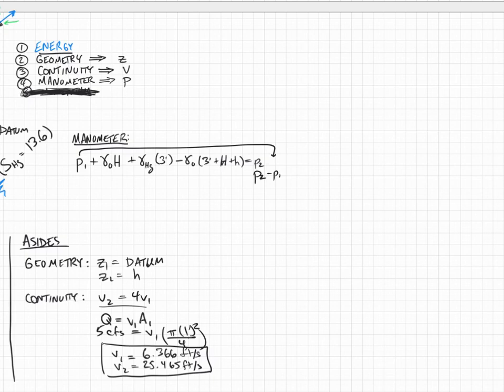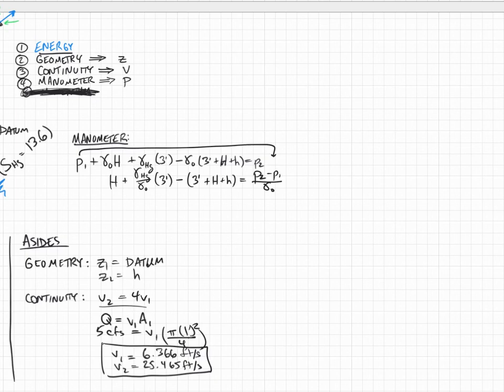Then I'm going to divide both sides by gamma oil, equals, and I'm going to be left with H plus gamma Hg over gamma oil times 3 feet, minus 3 feet plus H.